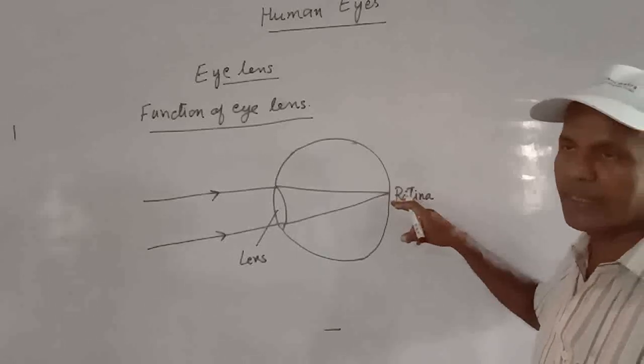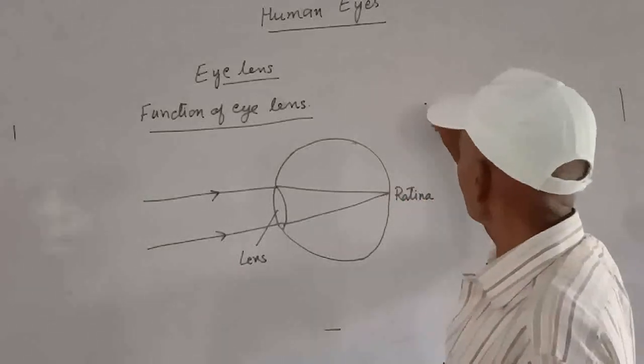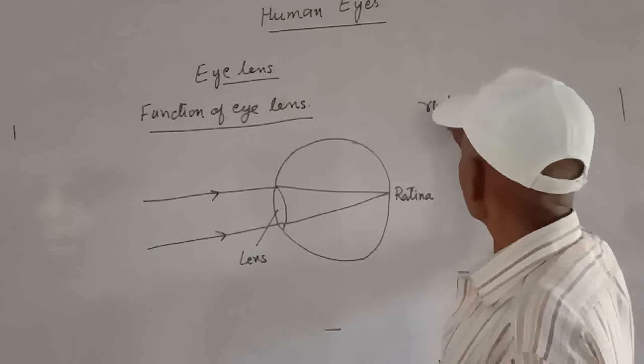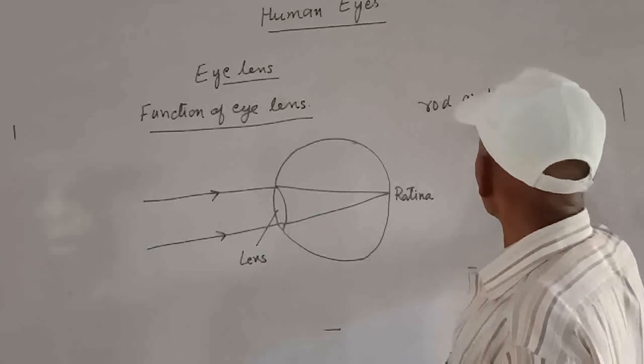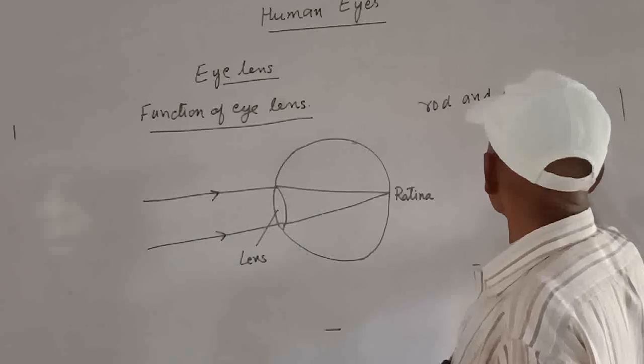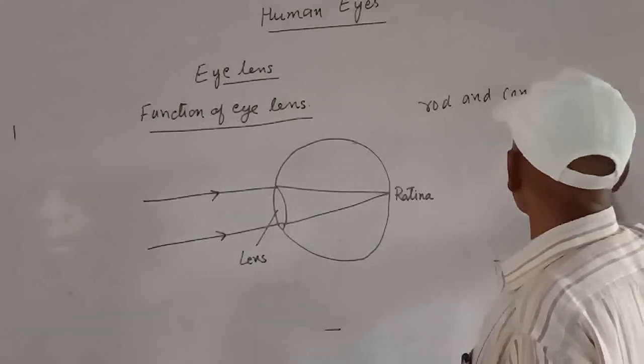This retina is made up of rod and cone cells.